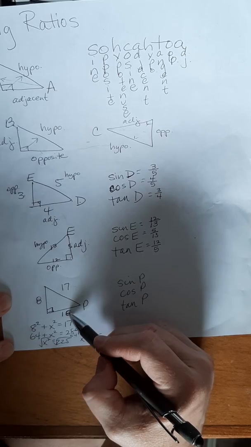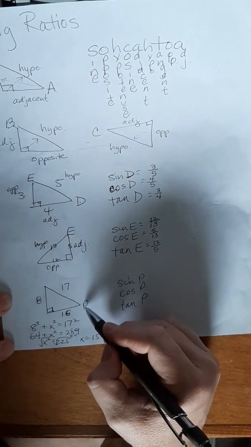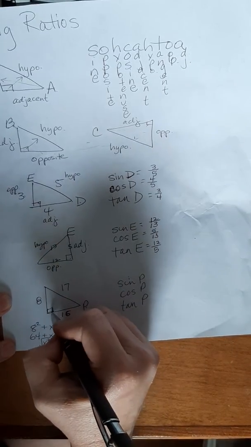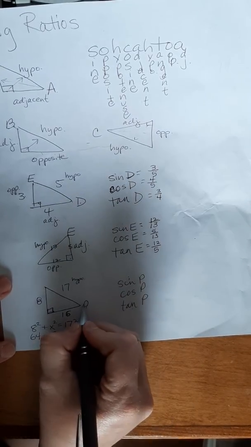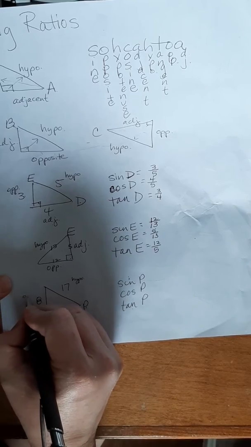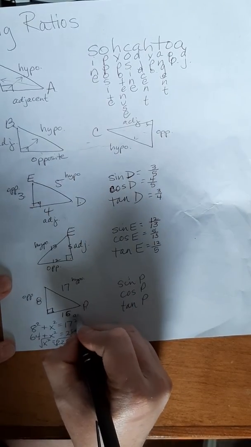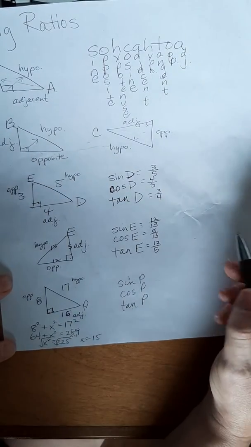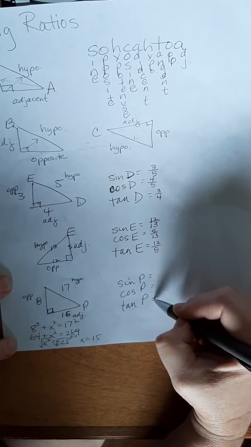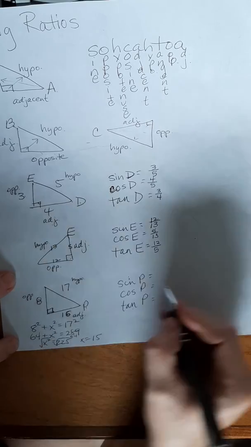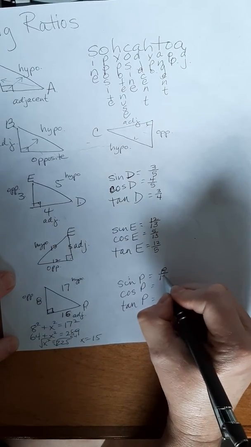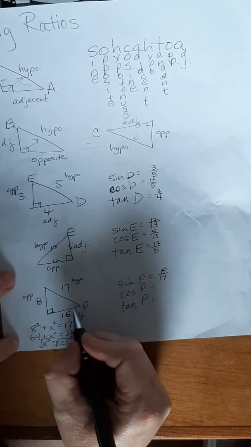So if that's 15, notice how we want all 3 from P. So right angle, hypotenuse. Across from it or opposite from it. So that means that side's adjacent. So now find all 3. Sine is opposite over hypotenuse, 8 over 17.